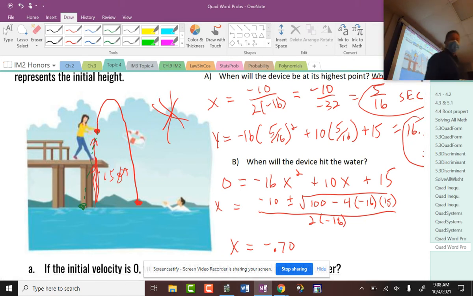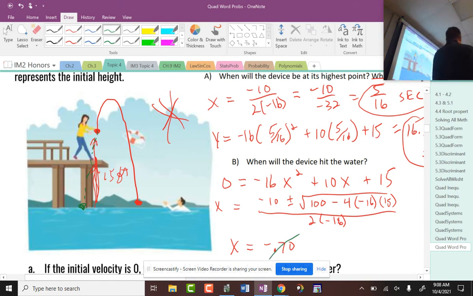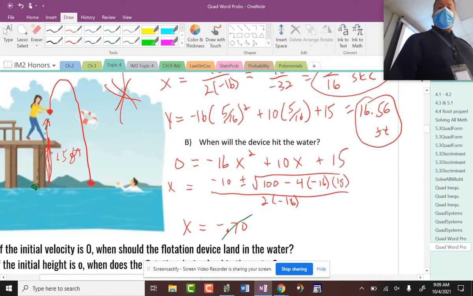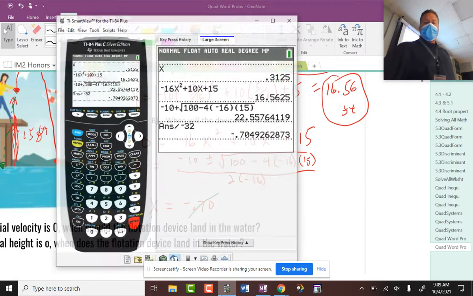No. So we kind of throw that out. But it is a valid answer in context of the question. They're saying if this was a continuous situation, then in the past, this would have started at ground zero. Okay, but in context of this question, it doesn't really make sense. All right, so hopefully you understand that as well.